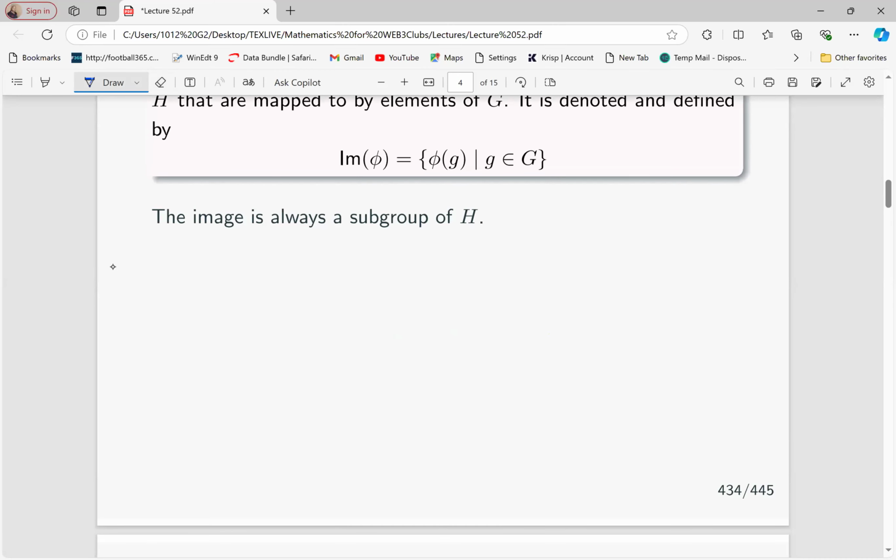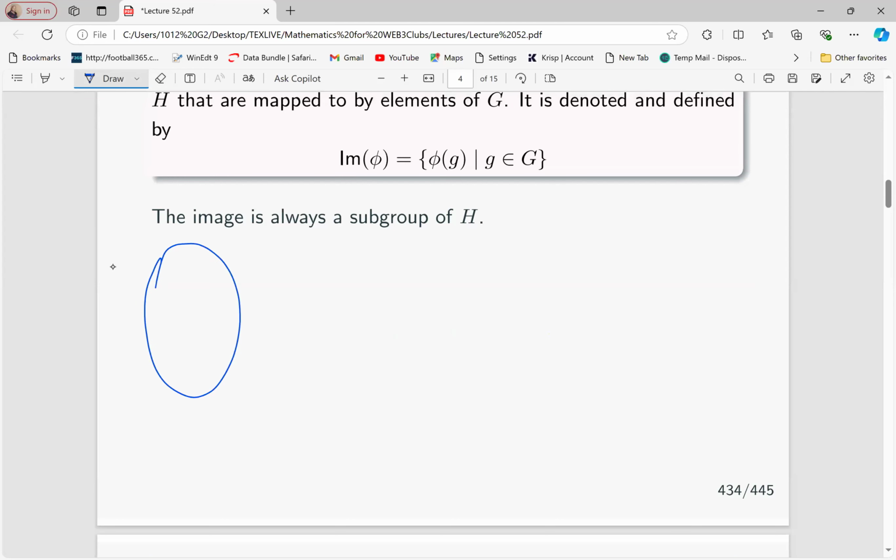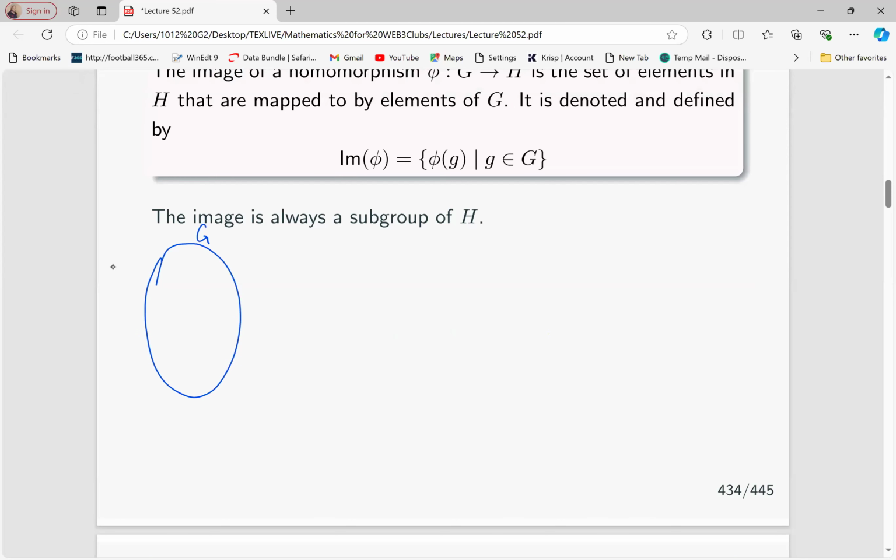So my group G, then I have my group H. And then I have the homomorphism. A homomorphism is just a mapping. It's mapping elements of one group to elements of another group, but it must fulfill some conditions as we saw.